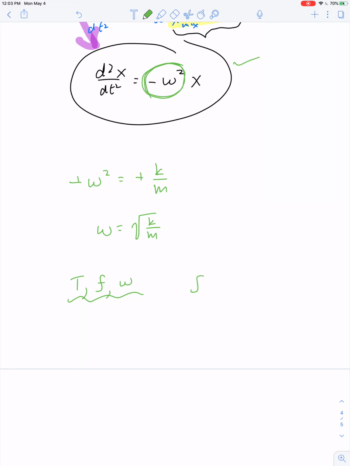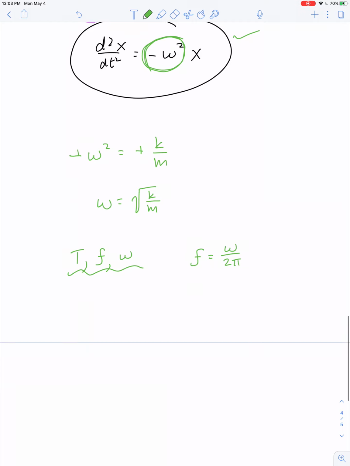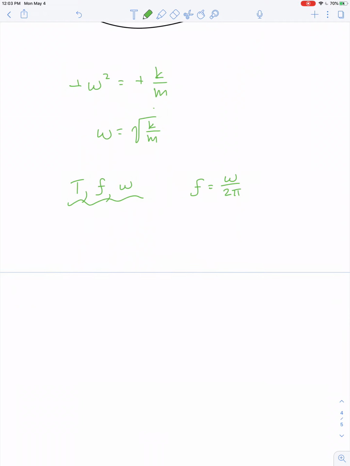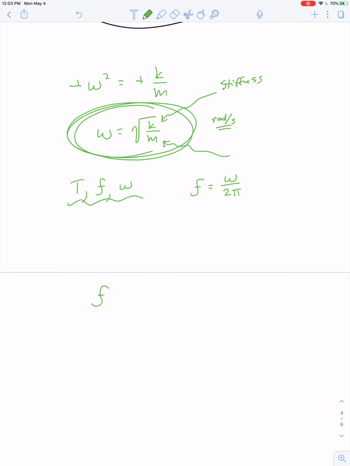Well, standard frequency is just angular frequency divided by 2 pi. So if omega is the square root of k over m, that'll give us some value in radians per second, meaning just divide the stiffness of the spring by the mass of the object attached to the spring, and you have an idea how many radians per second describe its motion.